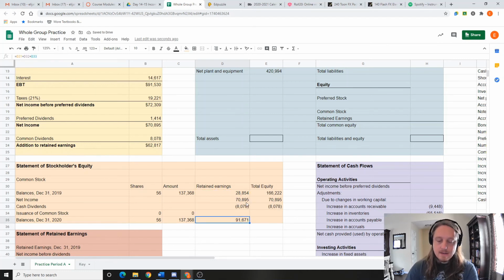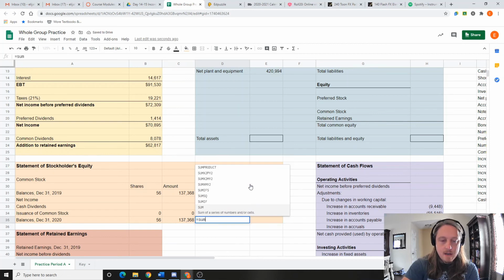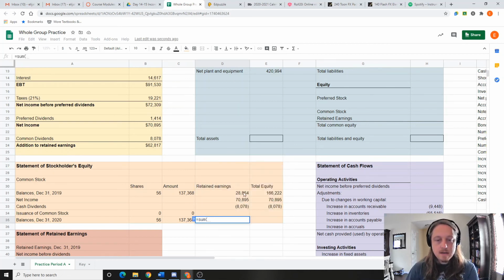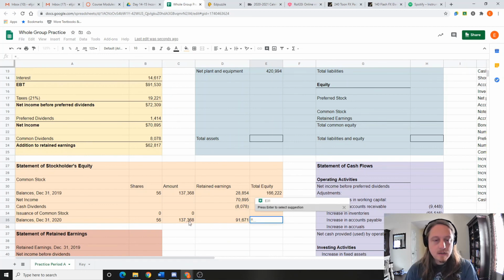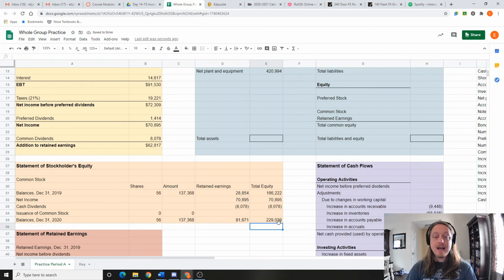Another way to do this is to press equal, sum, parentheses, highlight this entire area, press enter. And this is now how much we added to our retained earnings. So now my total equity has changed. Equals this plus this, and my total equity has changed to 229,000 from 166,000 this year.